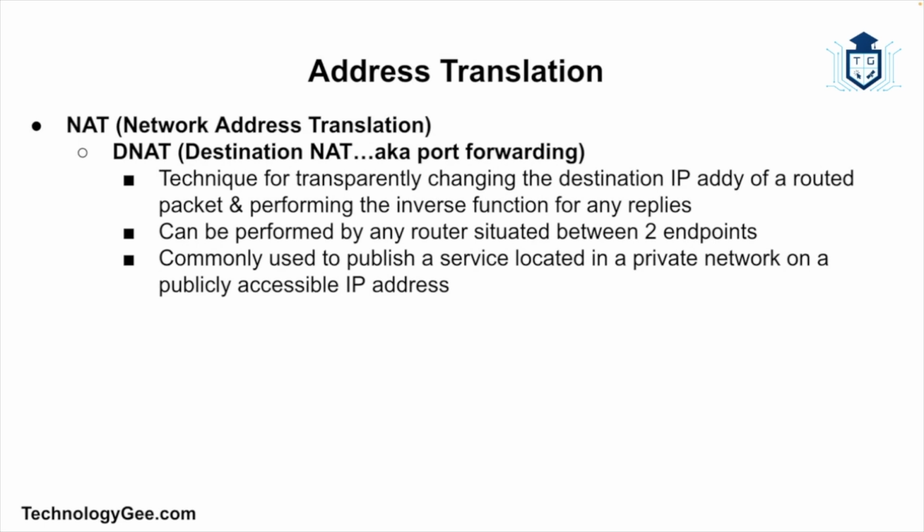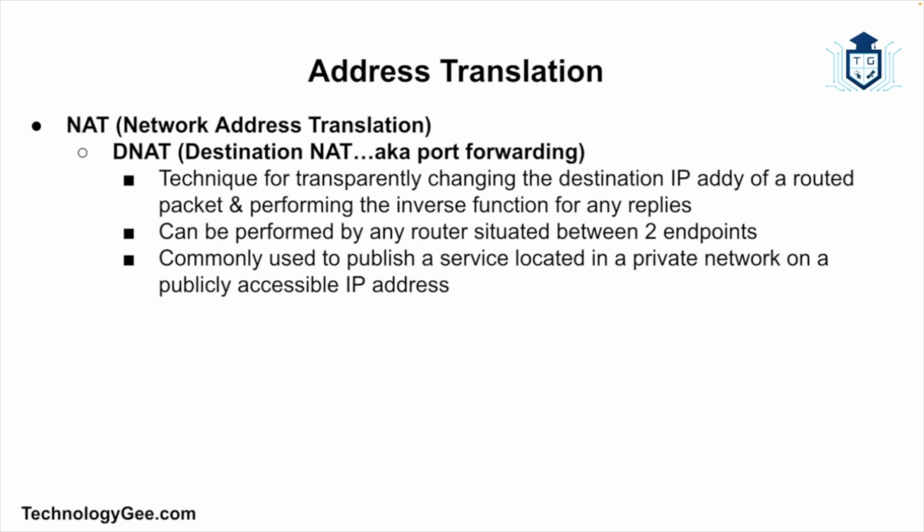Whether an inside local address is randomly assigned an inside global address from a pool of available addresses, or is assigned an address from a static configuration, this determines the type of network address translation that will be in use. These two approaches to NAT are called DNAT and SNAT. The first one is DNAT, which stands for Destination Network Address Translation.